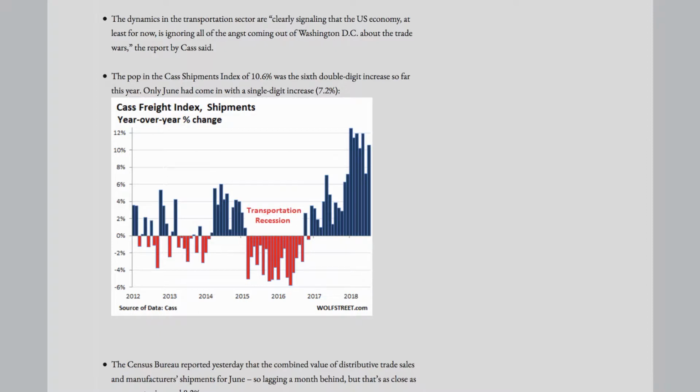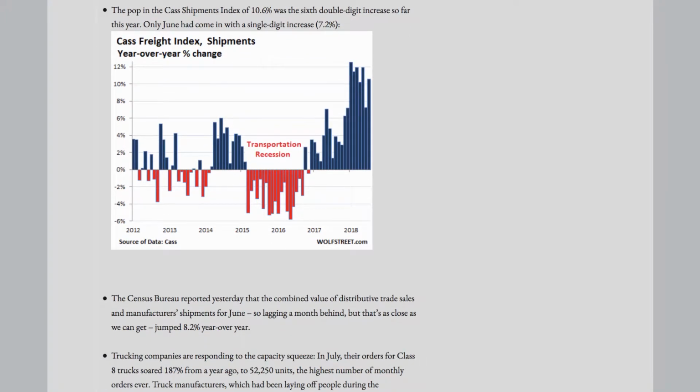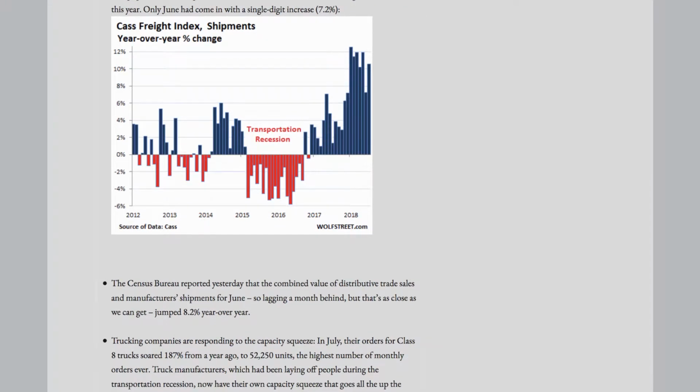Only June had come in with a single-digit increase at 7.2%. The Census Bureau reported yesterday that the combined value of distributive trade sales and manufacturers' shipments for June, so lagging a month behind, but that's as close as we can get, jumped 8.2% year over year.